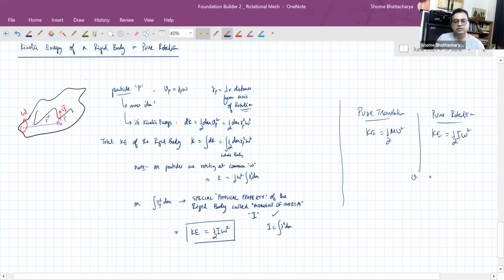So you can see v is correlated with omega, and similarly mass is correlated with moment of inertia. So this is the inertia property in rotation, and this is the speed property in rotation. In translation, mass is the inertia property, and v or linear speed is the speed related property. So there's a correlation between angular variables and linear variables.